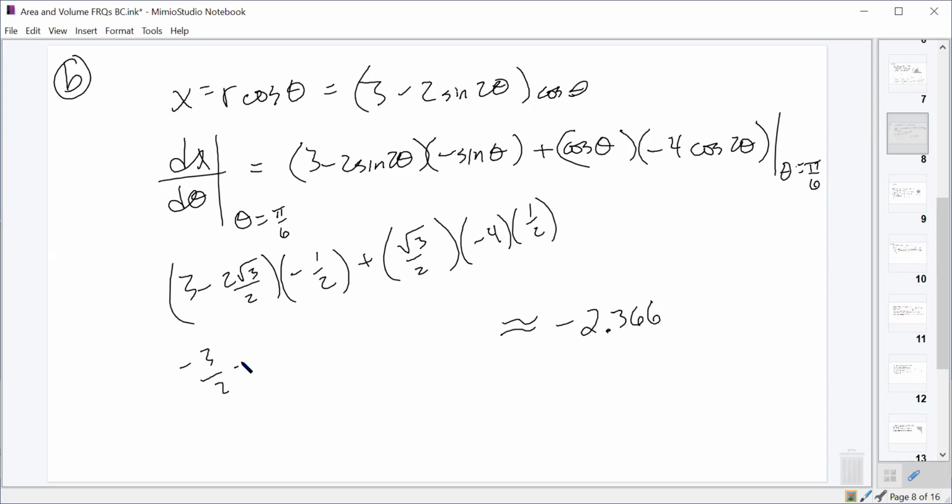Negative 3/2 plus root 3 over 2, minus 2 root 3 over 2, so minus root 3. So negative 3/2 minus root 3 over 2. If you didn't have a calculator for some reason, but you had a calculator, so negative 2.366 is good. Any questions or issues there with that one?